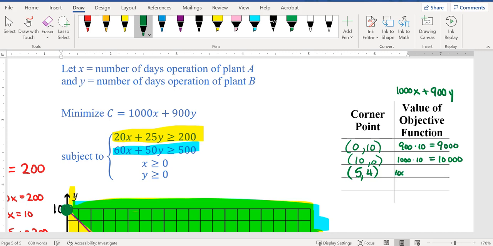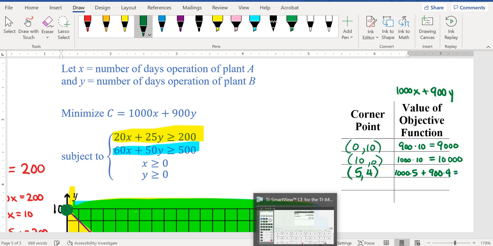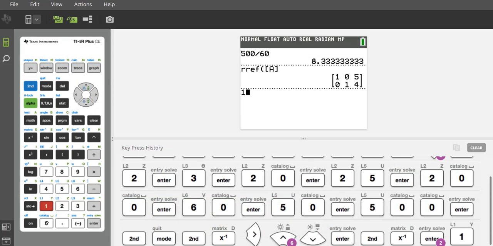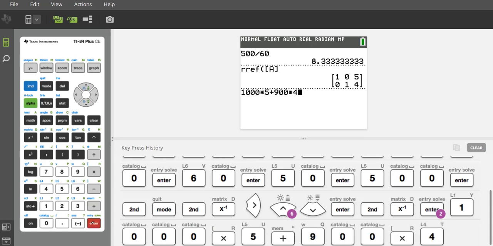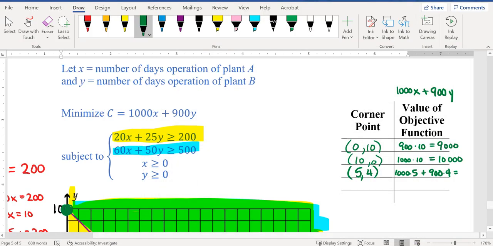And then 1000 times 5 plus 900 times 4 is 8,600.